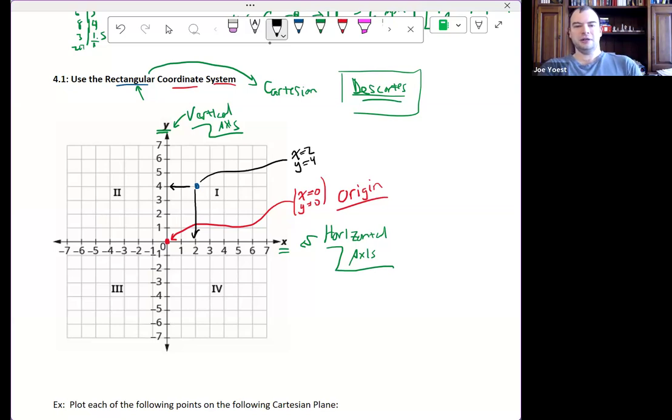I can refer to the horizontal number line and see that that point is 2 units to the right horizontally from the origin. So it's 2 units over on the X scale, and it's 4 units up vertically from the origin. It's 4 units up on the Y scale.